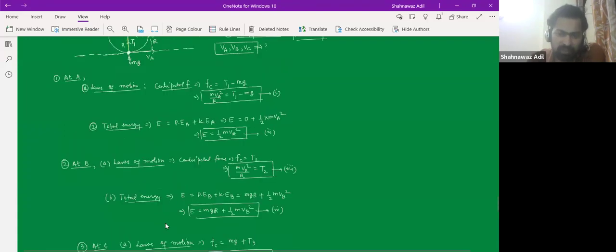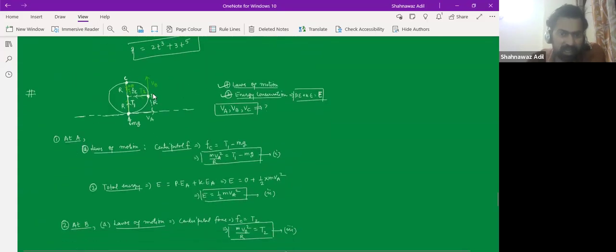And there is one more thing you have to remember: if we cannot neglect the tensions, right, what did we find out? If we write the tensions, this is T1, and we found that T1 is mVA square by R plus mg.